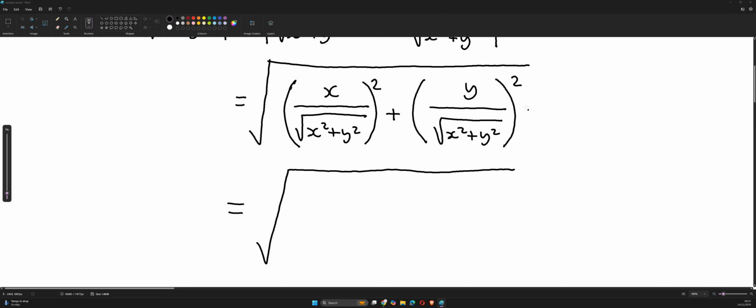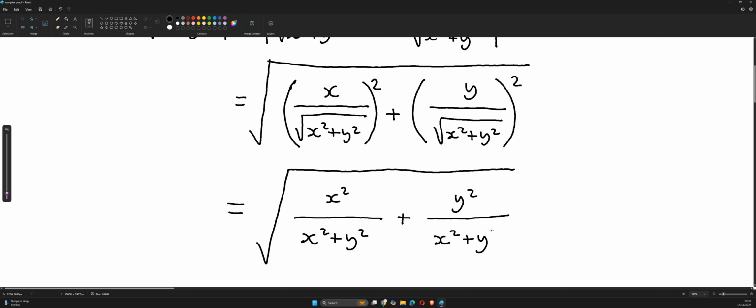Now let's simplify the contents beneath the square root symbol over here. If we square this over here, right, we end up with x squared over x squared plus y squared. Okay, and to the right over here, if we square this, we end up with y squared over x squared plus y squared.